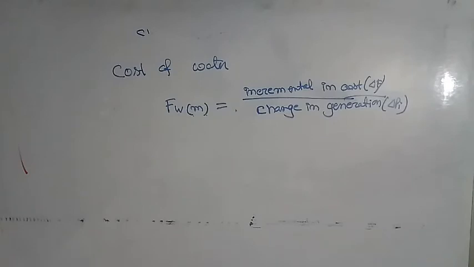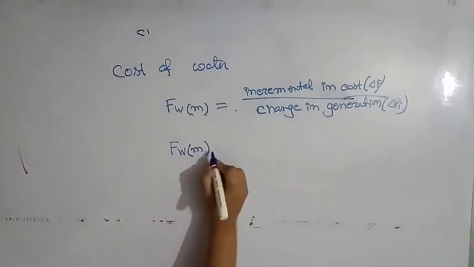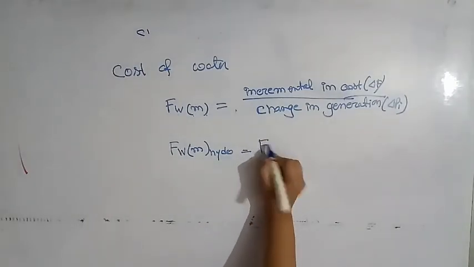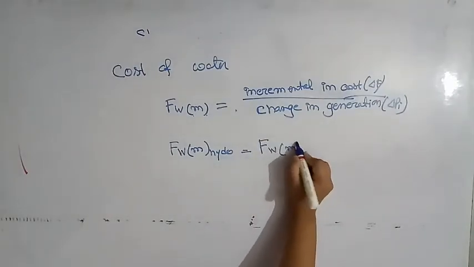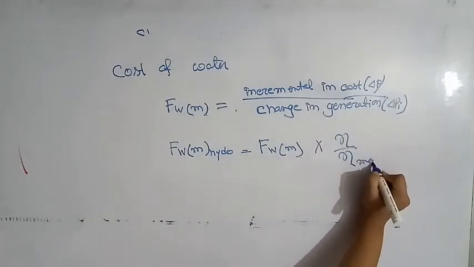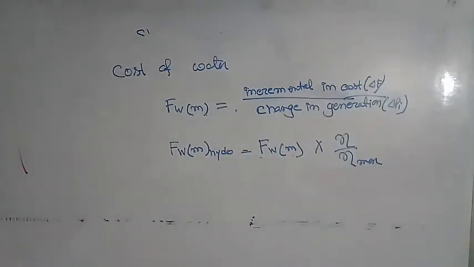For a purely hydro system, the incremental water value is modified as FW M multiplied by eta max, where eta is the efficiency of the plant as a function of output and eta max is the maximum value of eta.